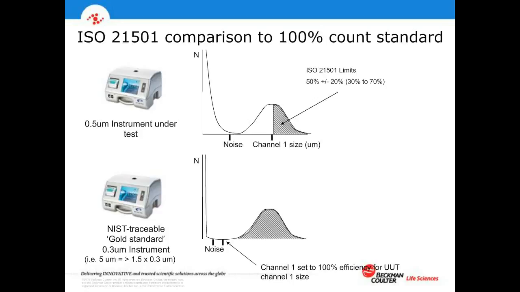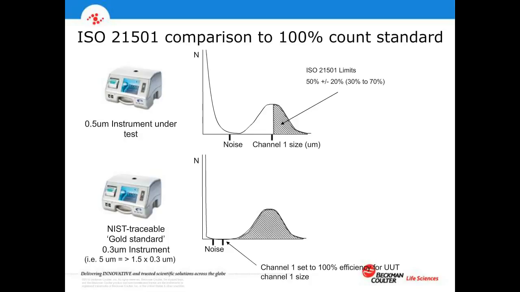Well, because the traceable standard shows a value of 100% because its threshold is set way down here at 0.3 micron as an example, whereas the threshold of the unit under test for 0.5 micron is set right in the middle of that curve. So if we look at a typical Gaussian curve and are looking at the peak of it, what we see is that threshold size and greater gives us 50%.